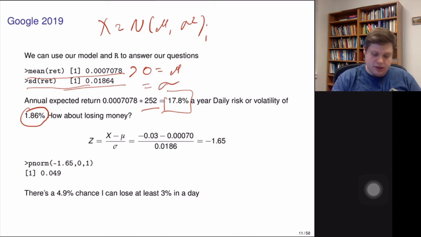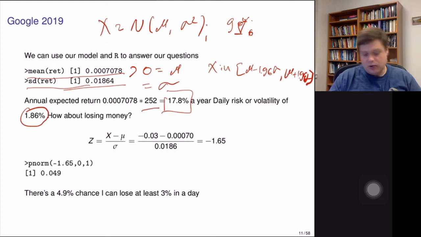Then you remember that with 95% chance, the variable x is going to be in the interval mu minus 1.96 sigma to mu plus 1.96 sigma. So another thing I can say is that in 95% of the cases my daily return is going to be in this specific interval.